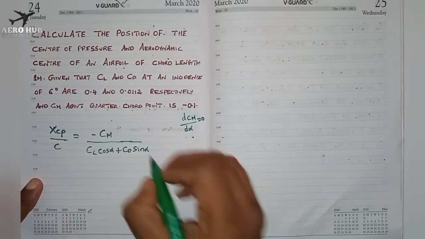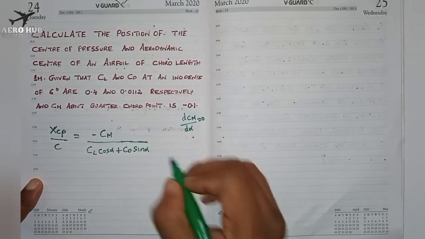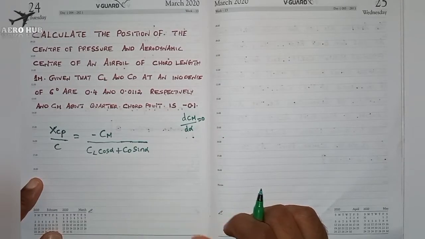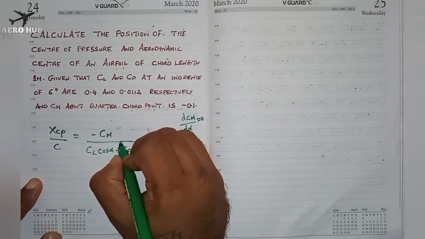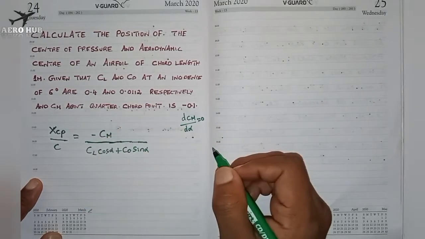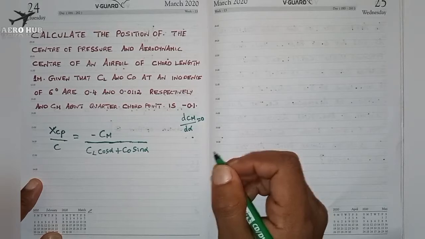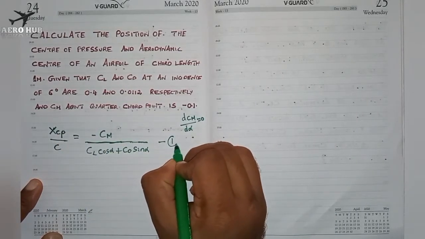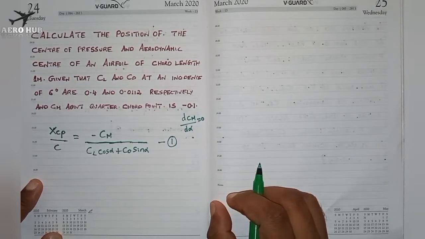Okay, so I am not going to derive this expression, that is purely a waste of your time, and for the GATE examination they won't be asking any derivation, so you have to directly just remember these formulas which I am using to solve the problems. Okay, so this is nothing but equation number 1, which is used to find out the position of center of pressure. In center of pressure we have your aerodynamic force acting on that.